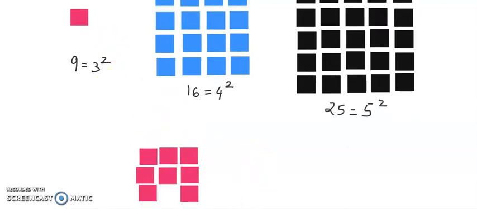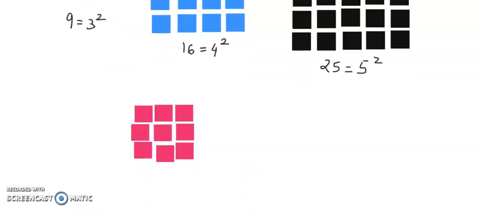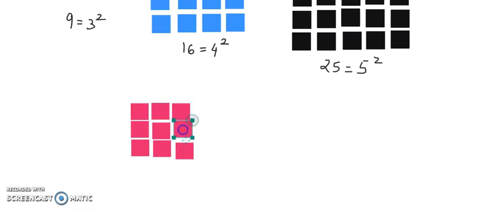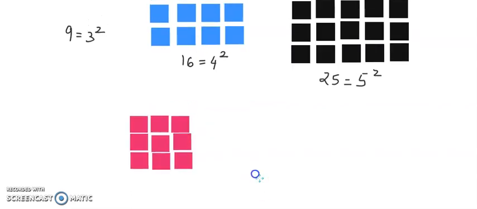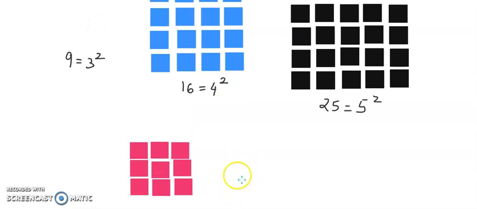Sorry, let me bring it down. Let me rearrange it a little bit more clearly so that I get a straight line. So this is my 9 squares. Now I'm going to put the other squares, the blue ones, so that I get my 16. Let me put my blue squares like this, so that it becomes a right angle triangle.